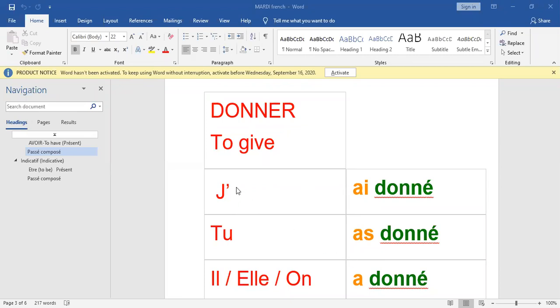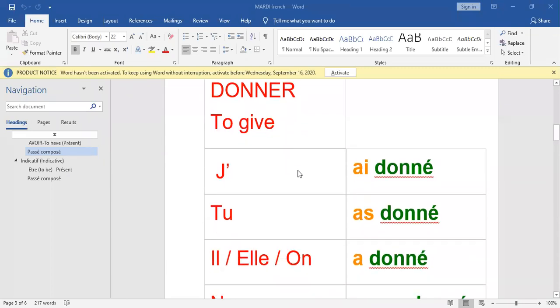The rule for this conjugation says that when you are conjugating using the personal pronouns, pay attention to the first person singular, which is je. Pay attention to it and remove the E. Put apostrophe if the next word begins with a vowel, and we have done that.